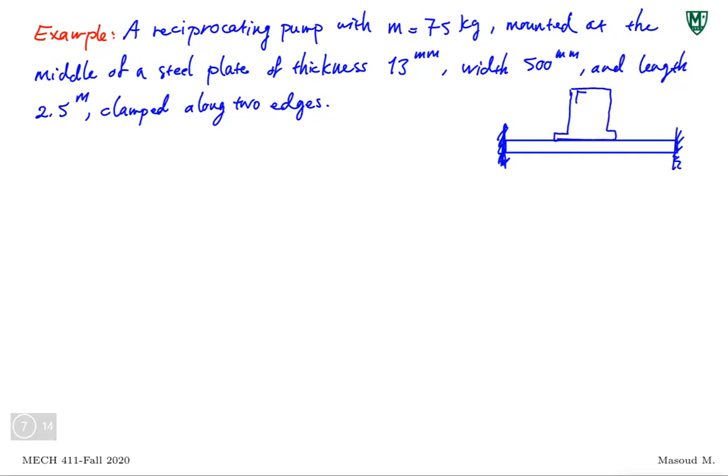In the middle of it is a reciprocating pump. If it's a piston and cylinder, it's connected to something rotating this way, so the piston goes up and down inside the cylinder. And because of this motion, when it goes up and down, it's applying some force to this beam, to this plate.